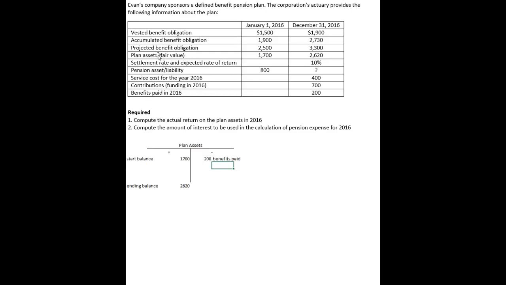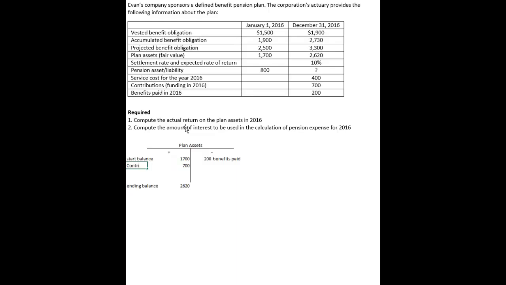We're not going to go into that here, but right here, contributions. When we see contributions or funding, $700, that's an indication that the company wrote a check for $700 payable to the third-party administrator that's overseeing these funds.